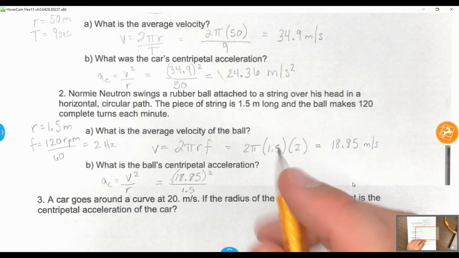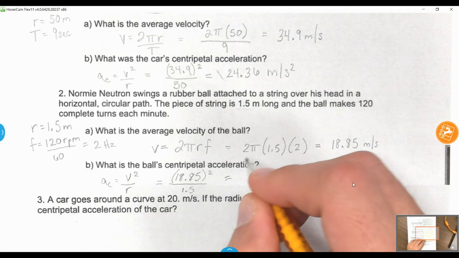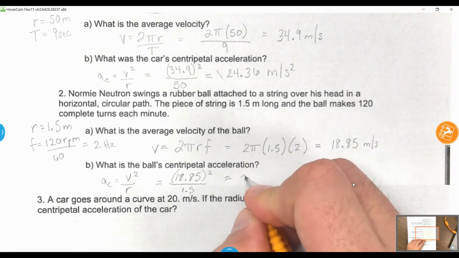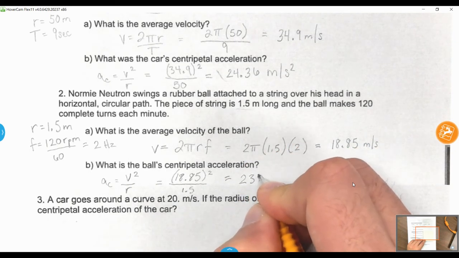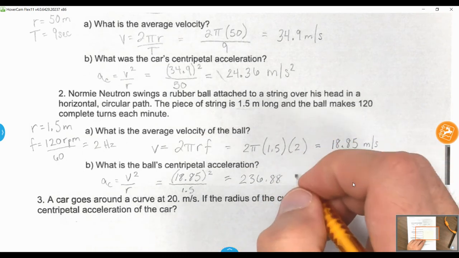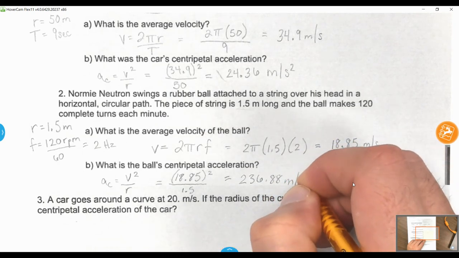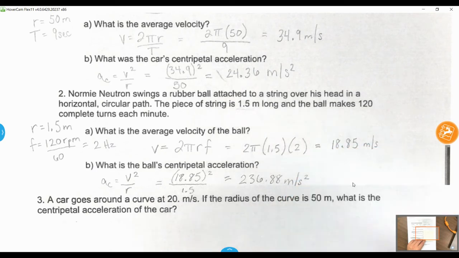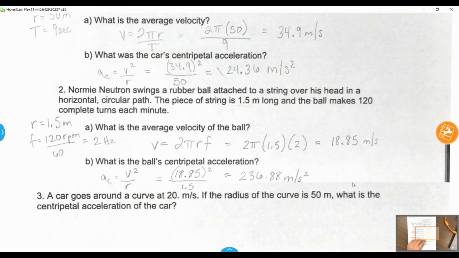Okay, put this into our calculator, and you're going to come out with an answer of 236.88 meters per second squared.